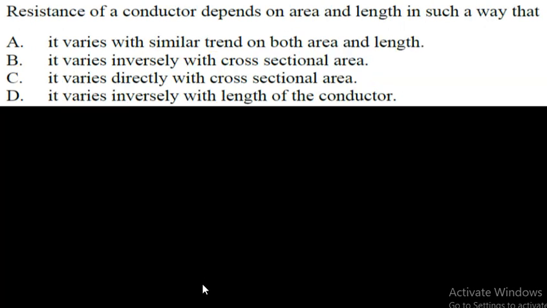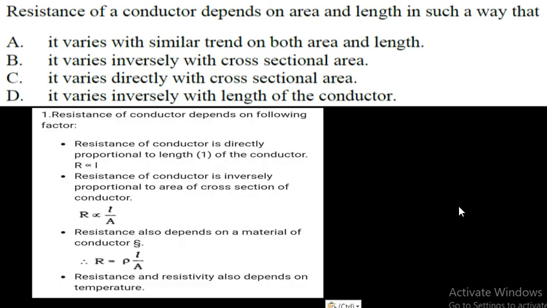The next question says the resistance of a conductor depends on area and length. Area and length are two factors, not the only ones, that affect the resistance of a conductor. Again, try to recall. The resistance of a conductor depends on the following factors.